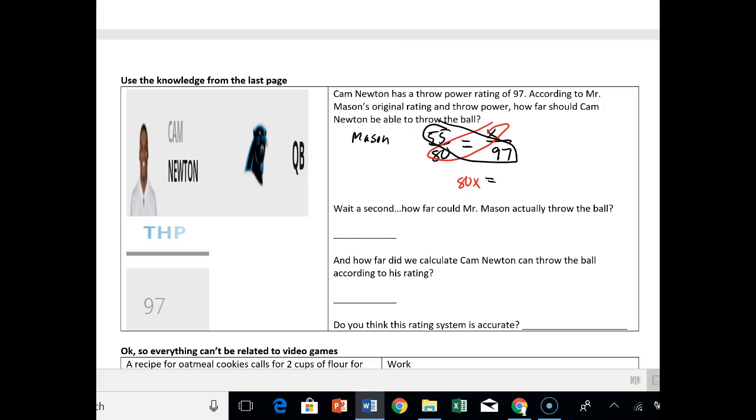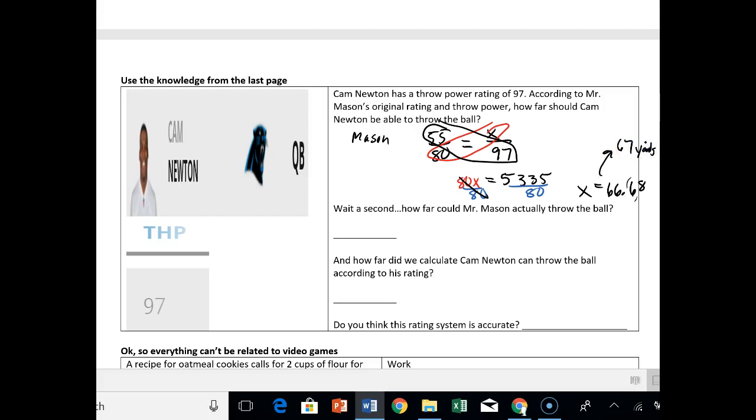That's 5,335, right? So then we want to divide both sides by 80. And these cancel off, so I get x is equal to 66 point, we'll call it 68, right? So if I want to round that up to the nearest whole number, that 6 tells me to round up, so it's 67 yards. All right, so that means Cam Newton can throw the ball 67 yards.